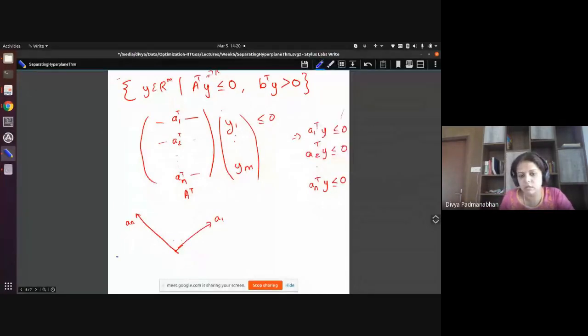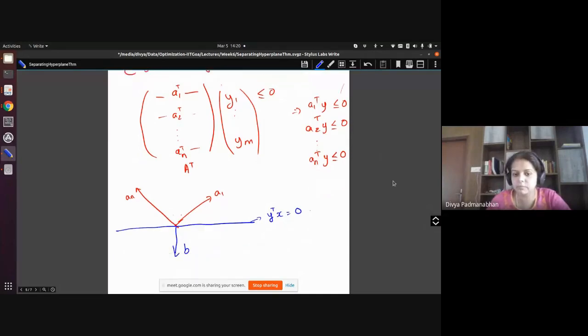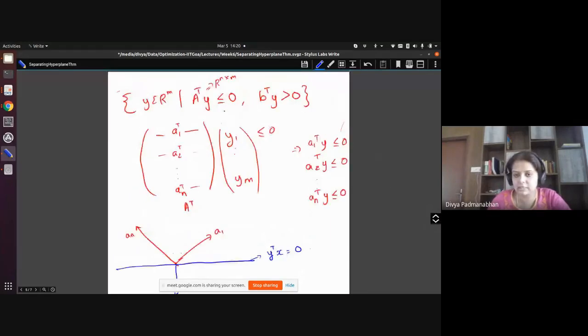This is the hyperplane Y, and all points on it satisfy Y transpose X equals 0. And B lies on the other side. So that's what this system is: A1 to AN lie on one side and B lies on the other side of this hyperplane.